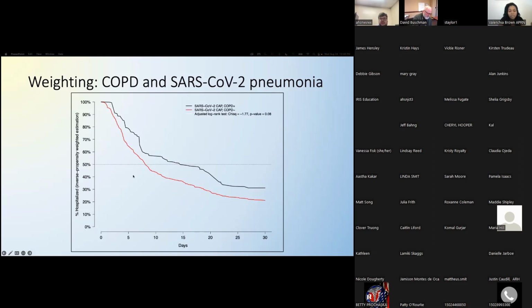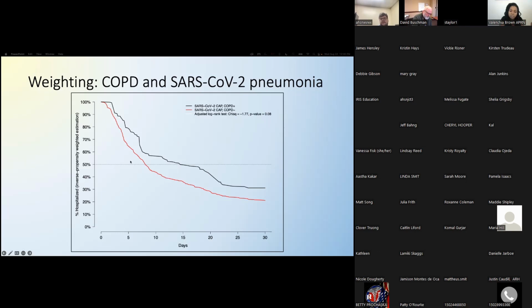So there's almost a week difference in length of stay for that initial first wave of patients that we had. If they had COPD, they were just going to be in the hospital with SARS-CoV-2 pneumonia for a longer period of time. Now, if you notice, this actually isn't a statistically significant difference, but you could argue that clinically, it seems very relevant that there would be such a huge difference.